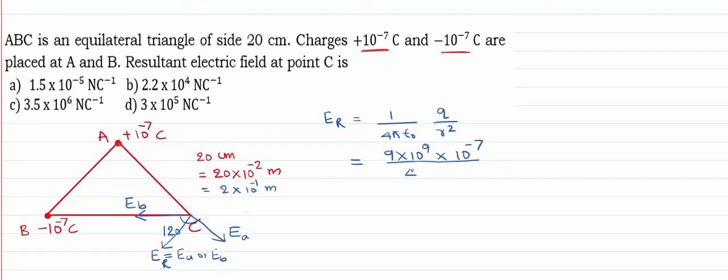If I square, I get 4 into 10 raised to minus 2. Simplifying, 10 raised to 9 minus 7 gives 10 squared, which goes to the numerator, and 9 by 4 into 100 becomes 9 by 2, approximately 2.2. So you have the answer 10 raised to 4. Check the options. B is our answer. Clear, students?